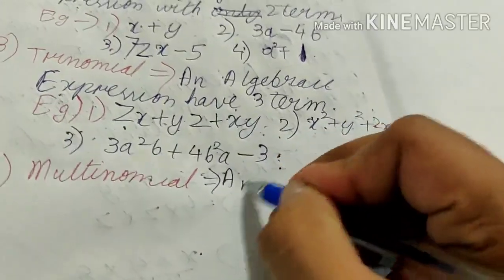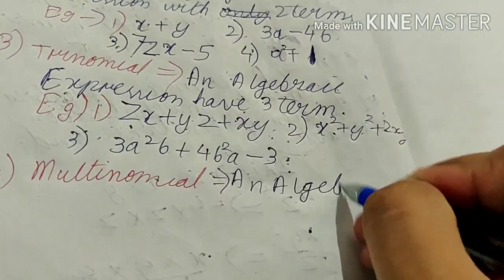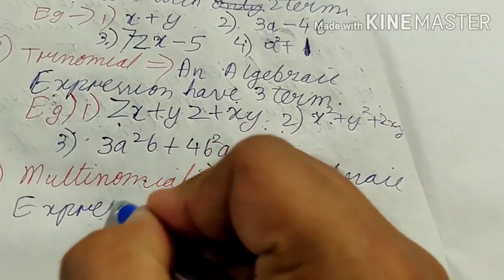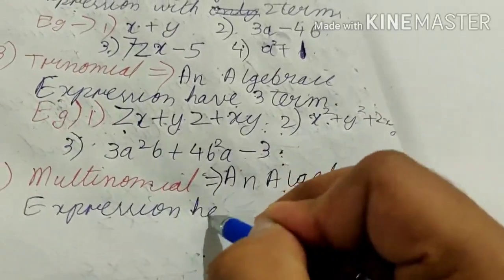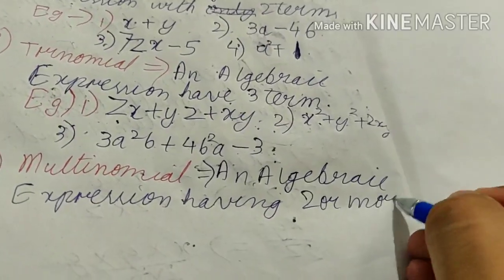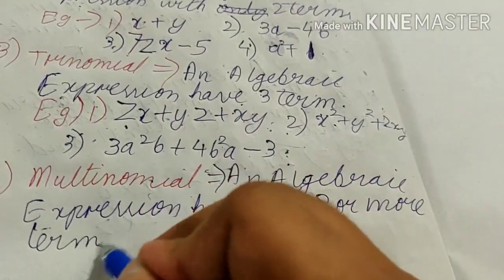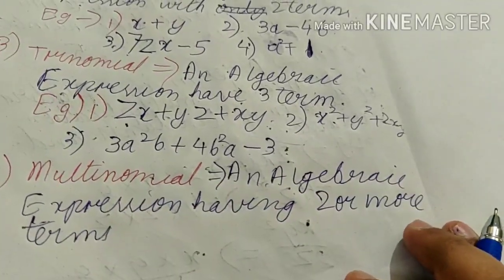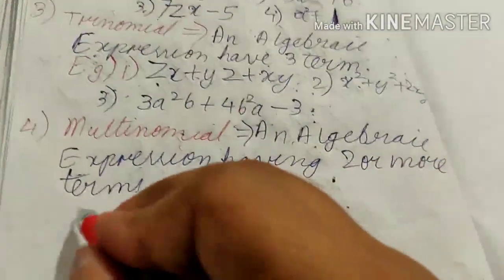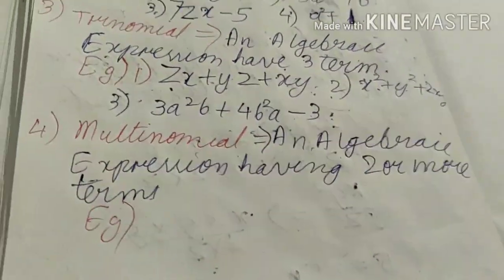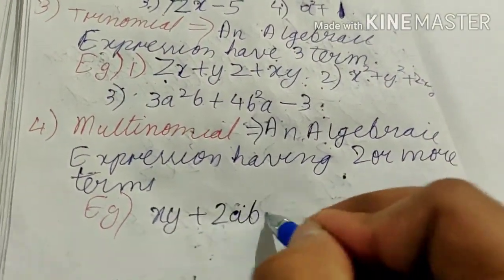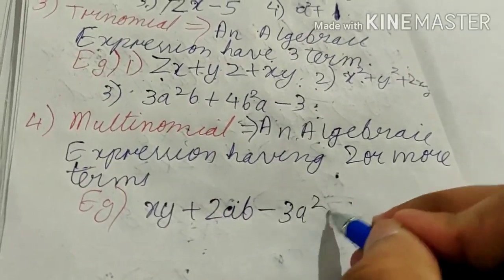An algebraic expression having two or more terms is called multinomial. So example here can be, take it, axy plus 2ab minus 3a square plus c.